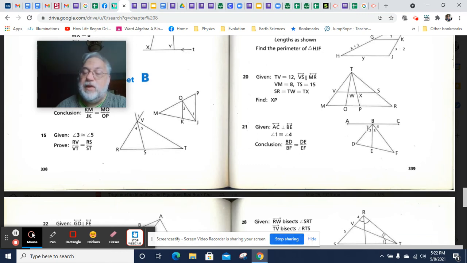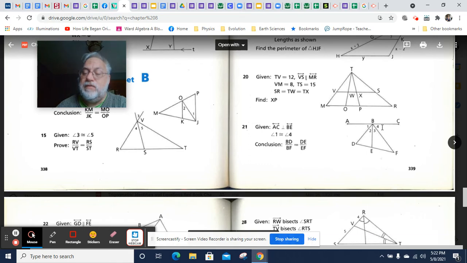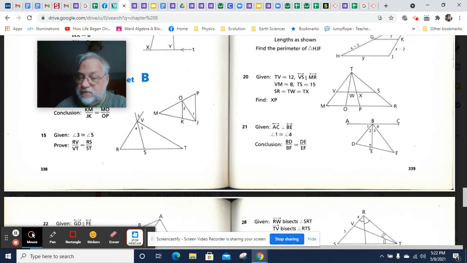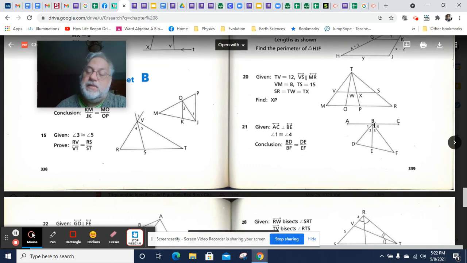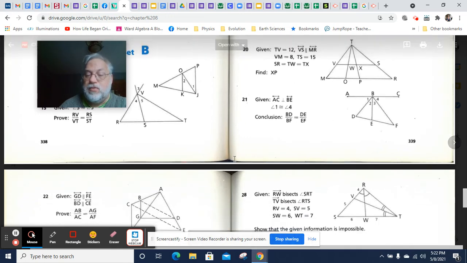So 2 is complementary to 1, 3 is complementary to 4, and if you're complementary to 2 congruent angles, you're congruent. So that means BE is an angle bisector. And an angle bisector divides the base of this triangle into proportional segments, so DE is to EF as BD is to BF, and I'll let you walk through the proof of that.